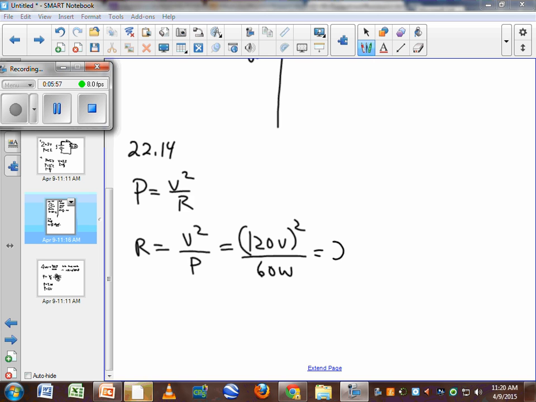Now this resistance does not change. The resistor stays a resistor. The only thing that's changing here is the voltage. It's going to be 100 volts instead of 120, so then our power will be different as well. So we'll use that equation, power equals V squared over R, but in this case we're going to use 100 volts.